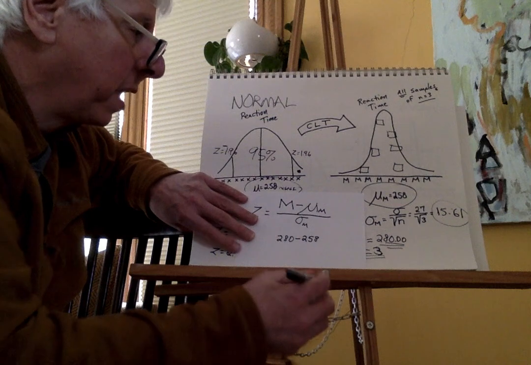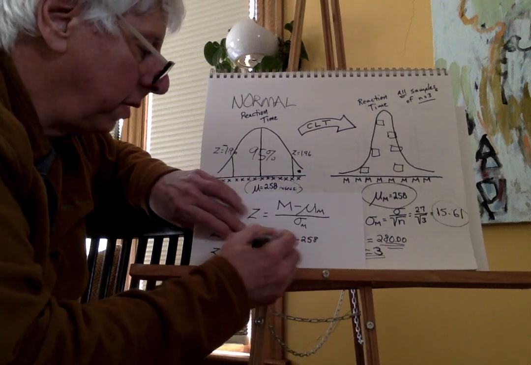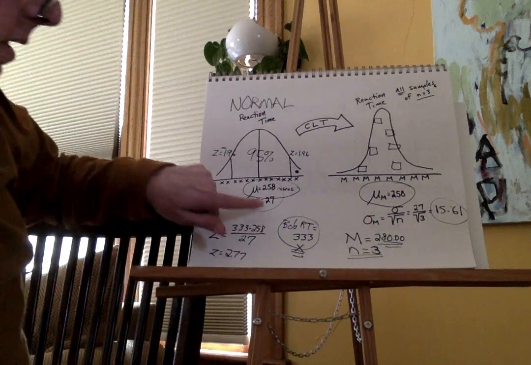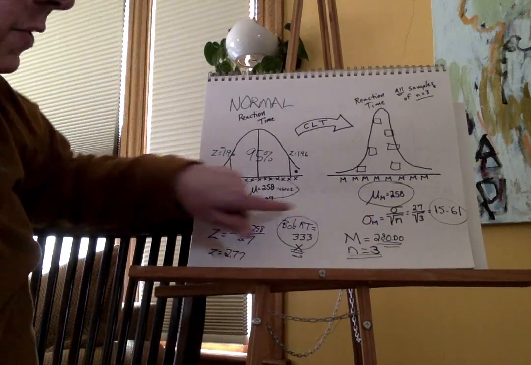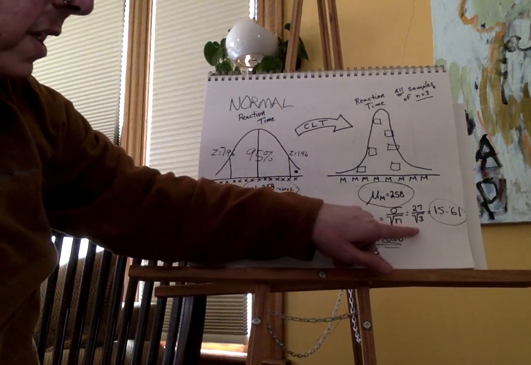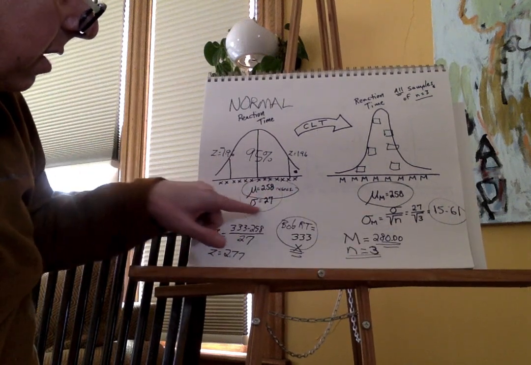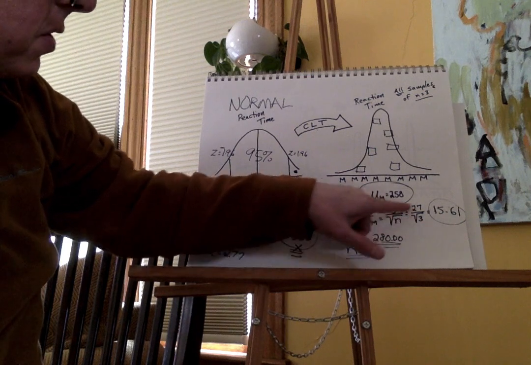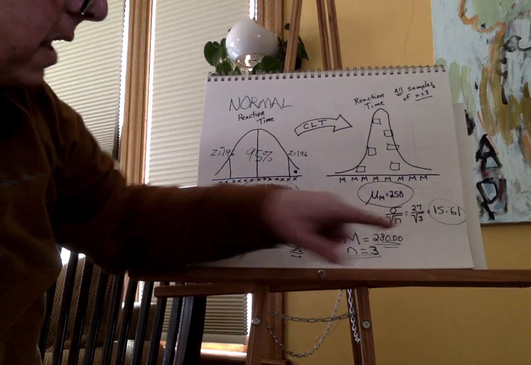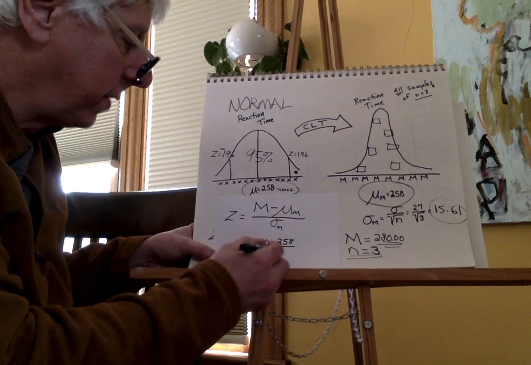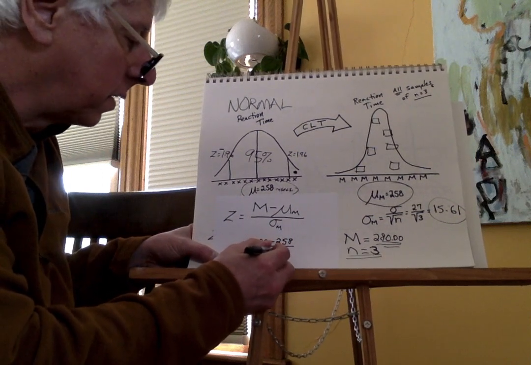And then the new standard deviation, it's not this one. This is for individuals. This is for samples of 3. 27 is the standard deviation for individuals. For samples of 3, we're going to do 27 divided by the square root of 3. So that becomes 15.61.